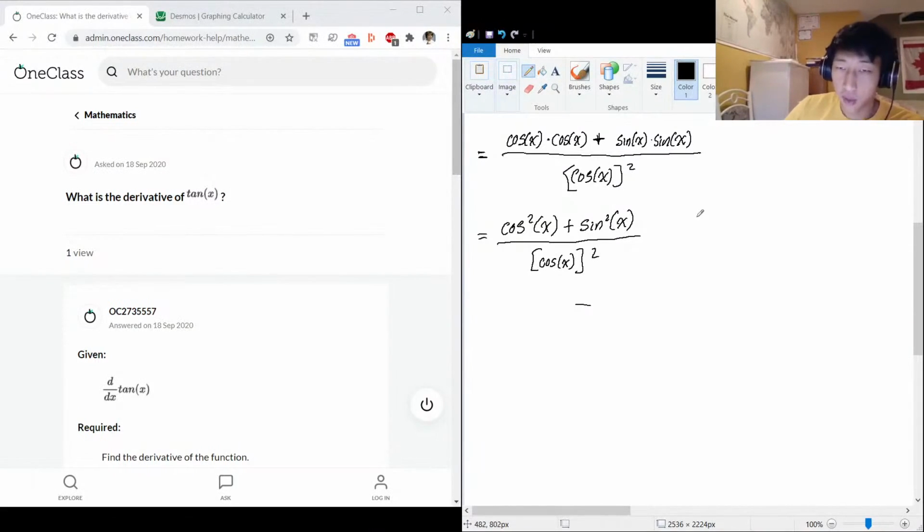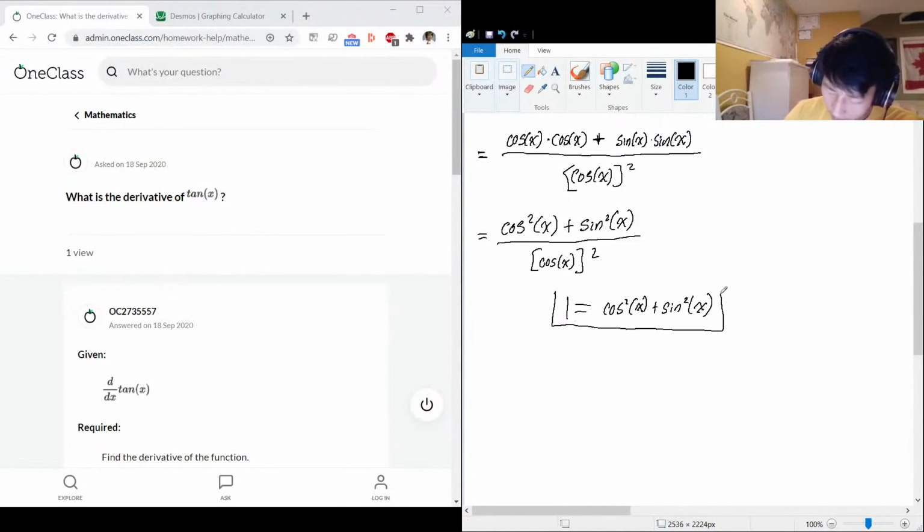Now, an important thing that I want to mention is that 1 is equal to cos squared of x plus sine squared of x. That's a super important trigonometric identity that you most likely want to memorize, because this is very useful in a lot of different situations where you want to simplify things.